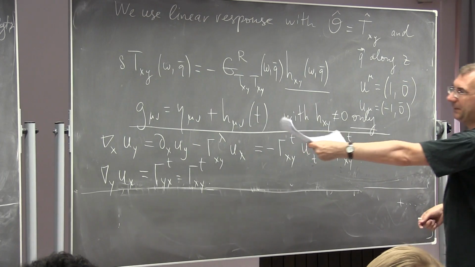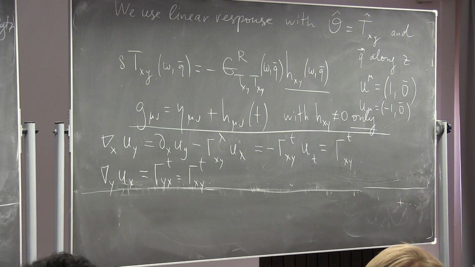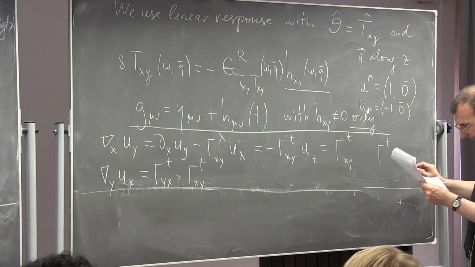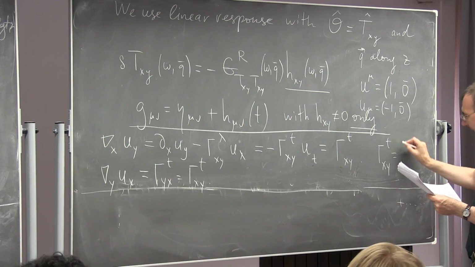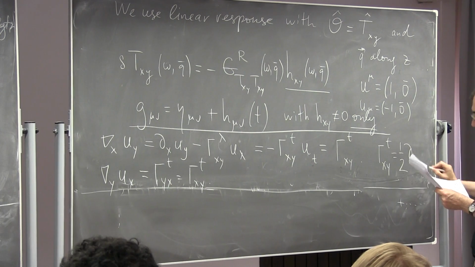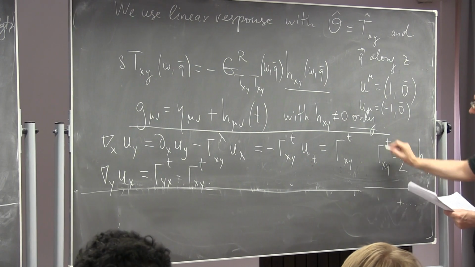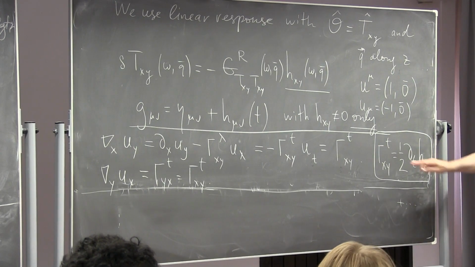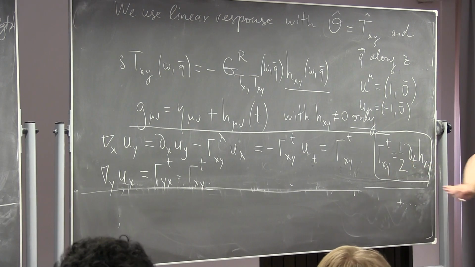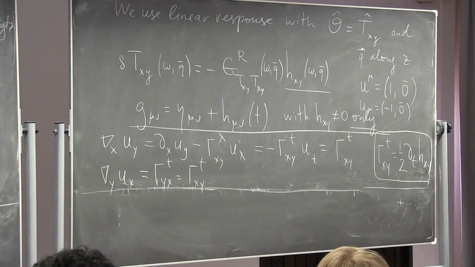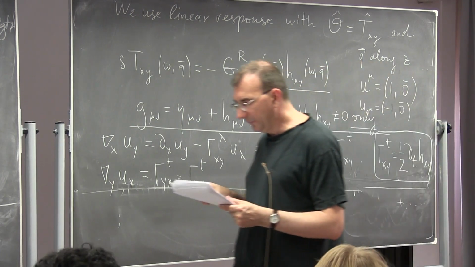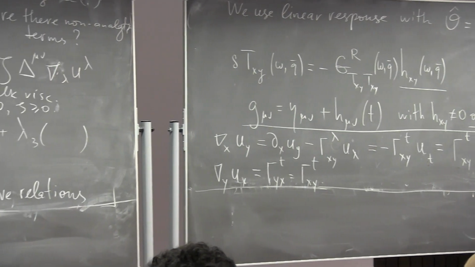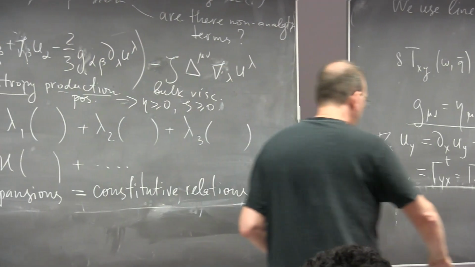For this very simple perturbation of the Minkowski metric, the computation tells you that gamma t xy is equal to one half of the time derivative of hxy. By standard formulas of general relativity, you can convince yourself that only this Christoffel is non-zero, and everything else vanishes. Very nice. So now we can substitute, and let me write down the result here.